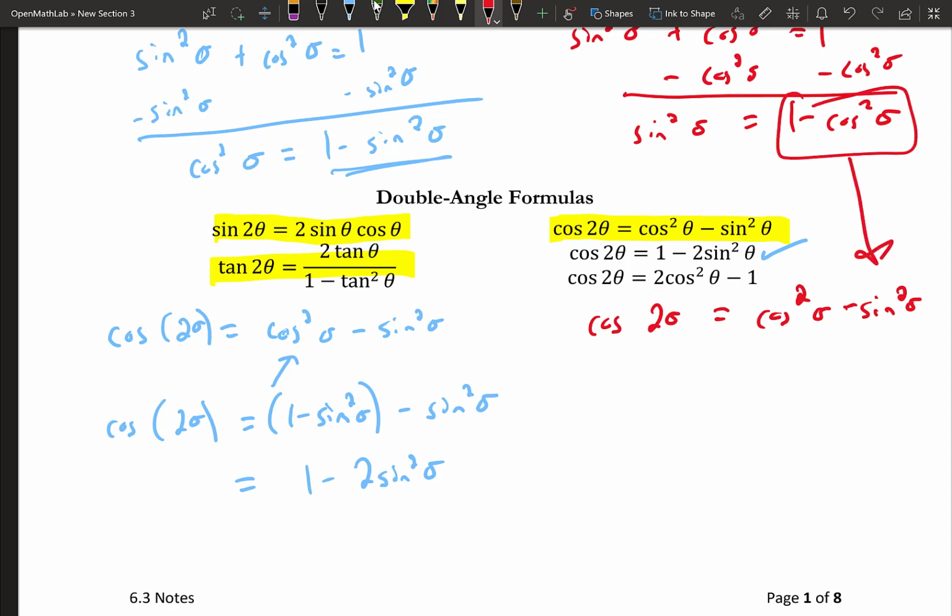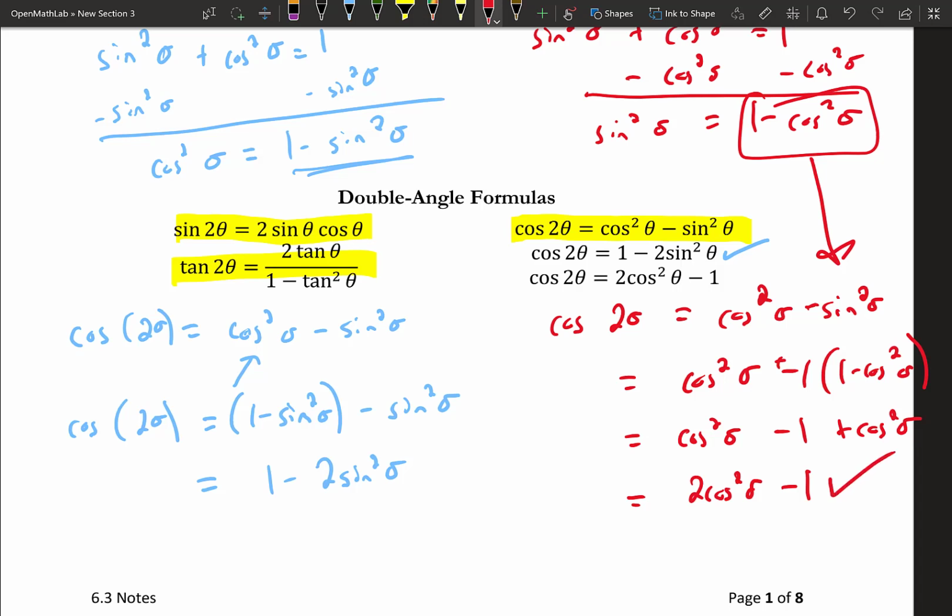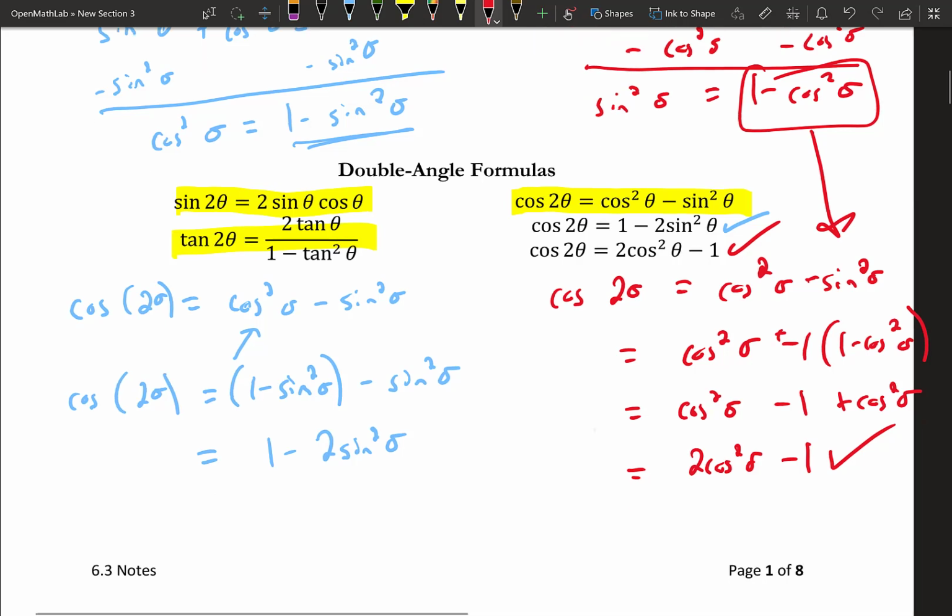This gives cosine squared theta minus 1 minus cosine squared theta. Distributing the negative through, we have cosine squared theta minus 1 plus cosine squared theta, which combining like terms gives 2 cosine squared theta minus 1, exactly that other version. So cosine of 2 theta has 2 versions in that chart.